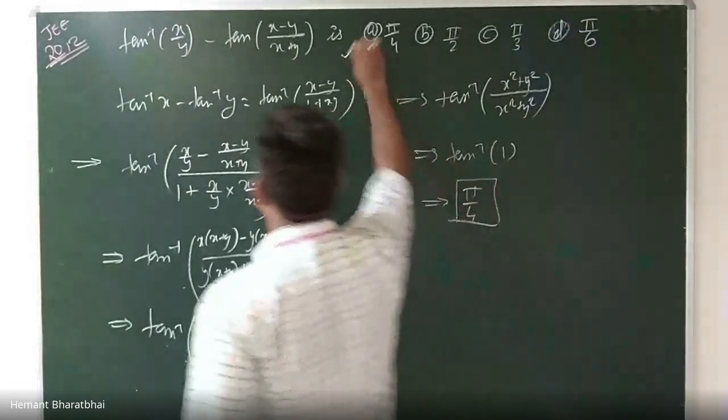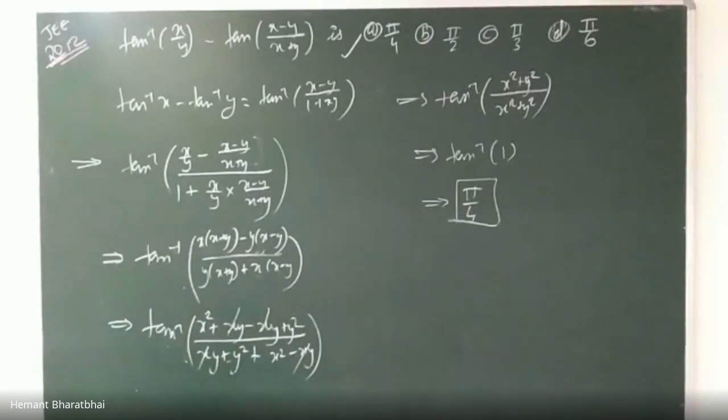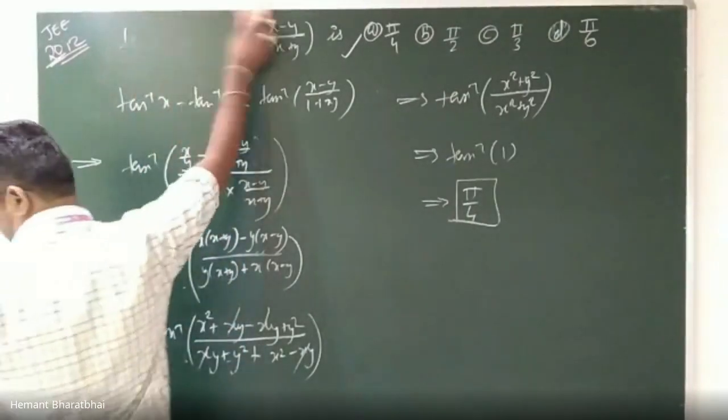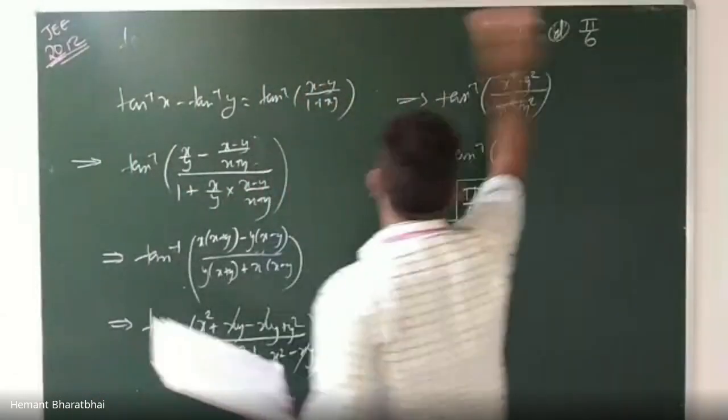So the answer is option A, pi by 4. This was a very simple one. Let's do the next numerical.